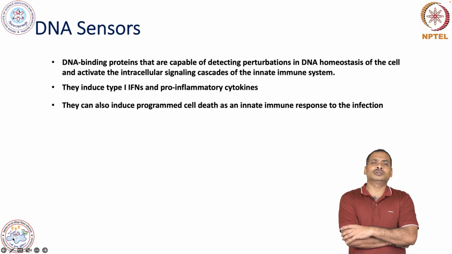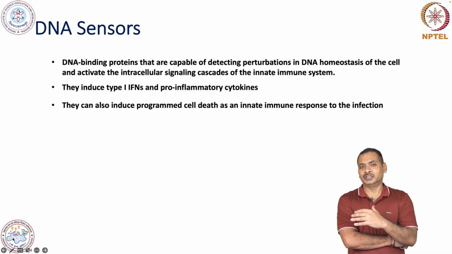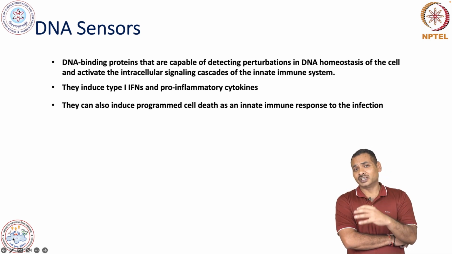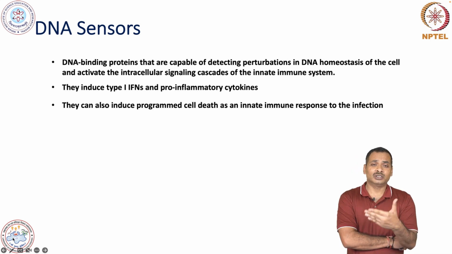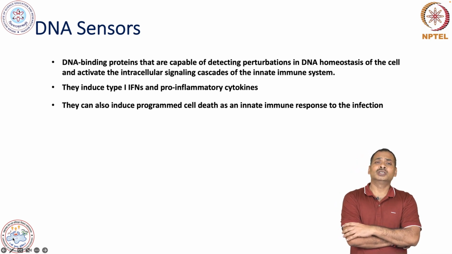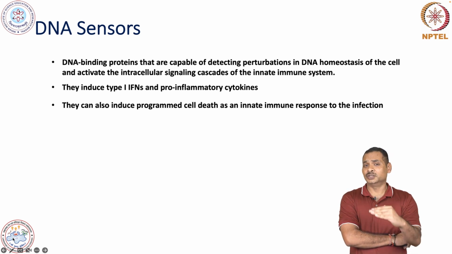So, this is the best way to stop viral replication: to kill the virally infected cell. In that way the progeny will not be produced, and eventually the viral load in the host will be reduced.